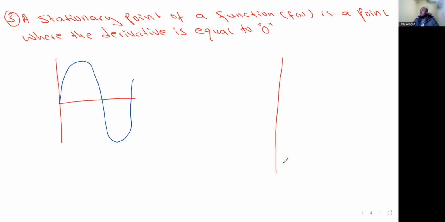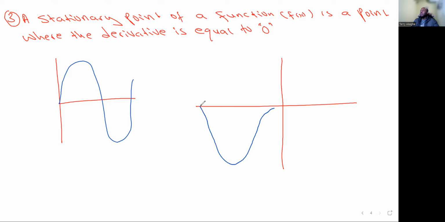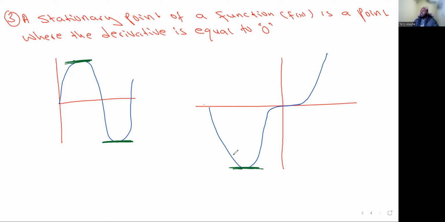We have it looking like this all the way to this point. Now the stationary point is this point here. At this point, dy over dx is equal to 0. This point here is a stationary point. This point here is also a stationary point, and this point here is also a stationary point.